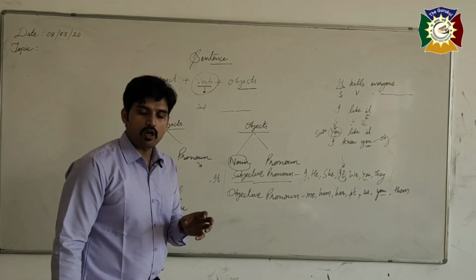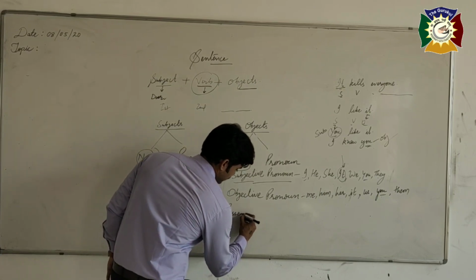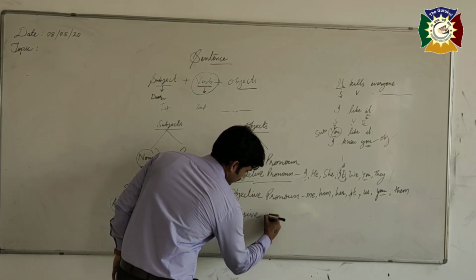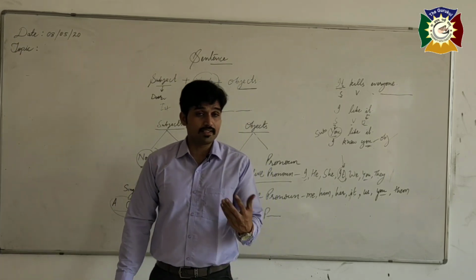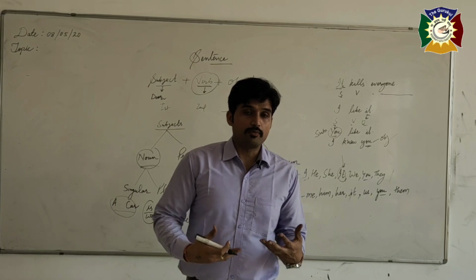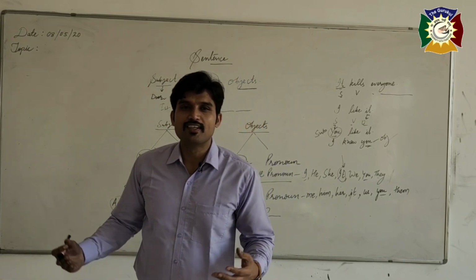Now there is one pronoun which is possessive. P-O-S-S-E-S-S-I-V-E, and pronoun, same thing. What do you mean by possessive? When you have things, when you belong to such things. Now, how do we understand possessive pronouns?